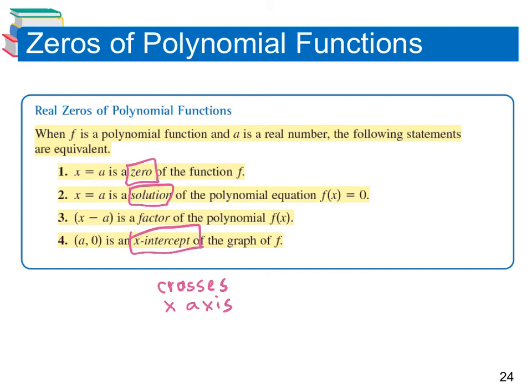And our graph crosses the x-axis when y is equal to 0. Or we could say when f of x is equal to 0, because f of x is the same thing as y, just written fancier. And sometimes to find when y is equal to 0, we need to factor our function.